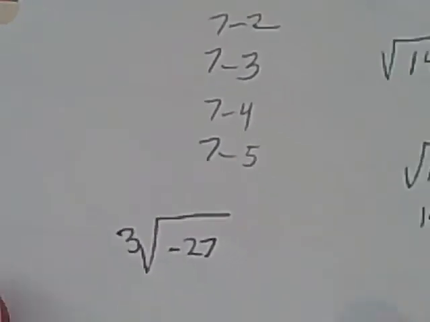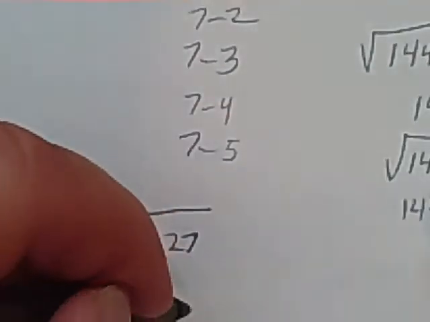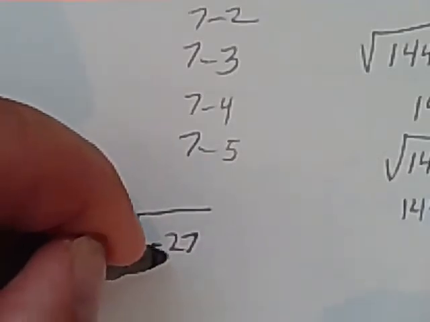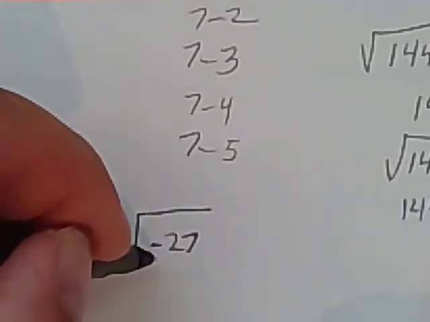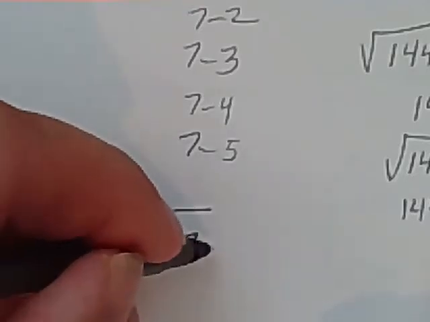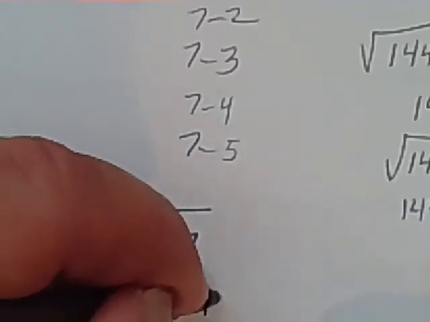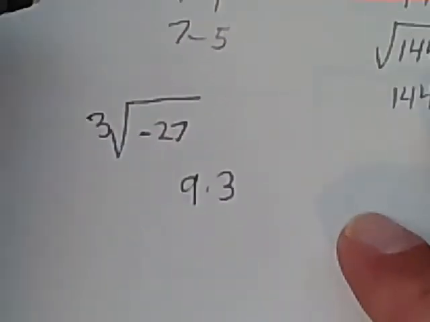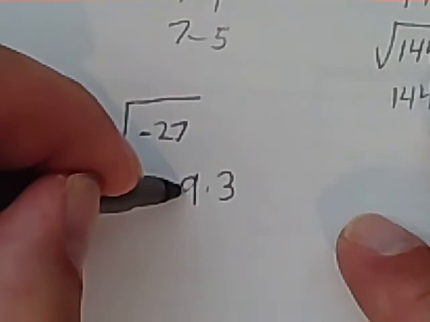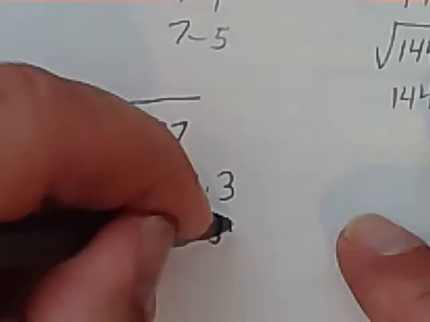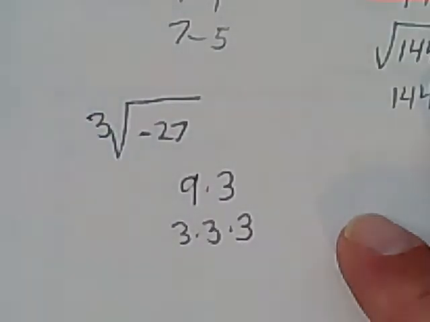Well, 27, we hope you recognize, and if it takes you a while to figure it out, you ask yourself, what products create the number 27? Maybe you would think, 9 times 3 creates 27. And all right, what creates a 9? 3 times 3 creates a 9. So 3 times 3 times 3 is 27.